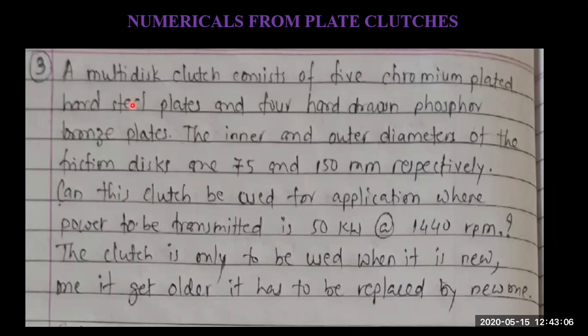This is also a multi-disc clutch. A multi-disc clutch consists of 5 chromium-plated hard plates and 4 hard-drawn phosphorus bronze plates. So he has given the number of hard plates and friction plates, chromium-plated and bronze. The inner and outer diameters of the friction discs are 75 and 150. Let's note down one by one.